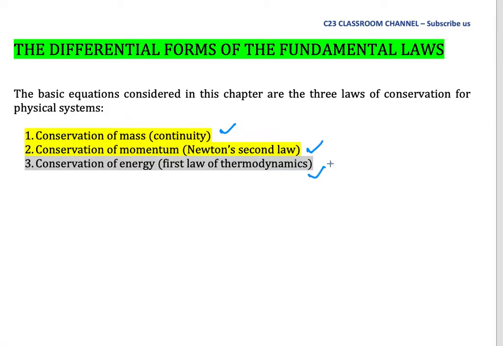But in this subject, we do not focus on conservation of energy because we try not to have a temperature parameter here. Normally when temperature is involved, the medium is gas, because gas is very sensitive to temperature.